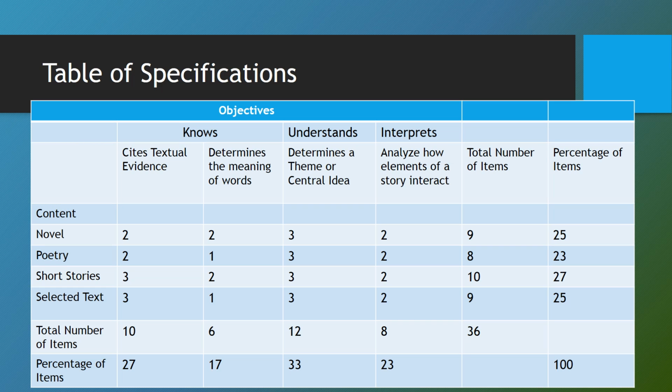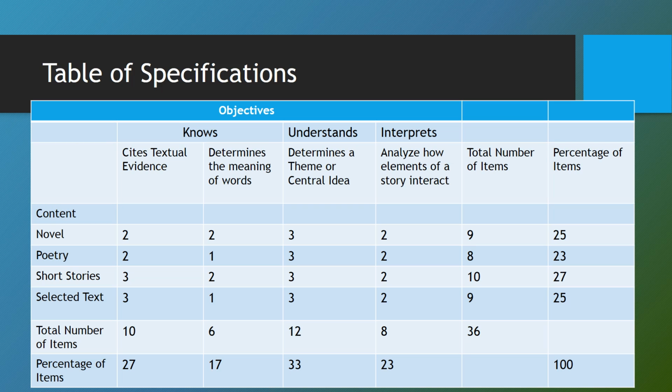We can also see that this teacher used short stories quite a bit and used the other things equally. And so perhaps selections from different short stories, along with parts of the novels and selected texts, could be used in creating the questions.